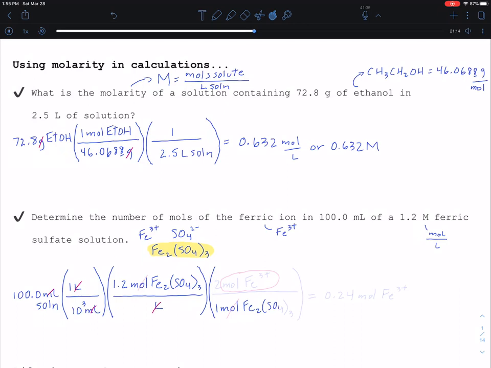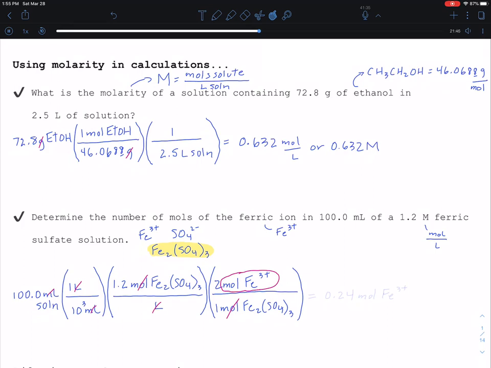By looking at that ionic formula, I see that I have 2 moles of the ferric ion. They're asking how many moles of the ferric ion are present in that sample. So the moles of the salt cancel, and I'm left with just moles of the ferric ion. And that's what they're asking for.